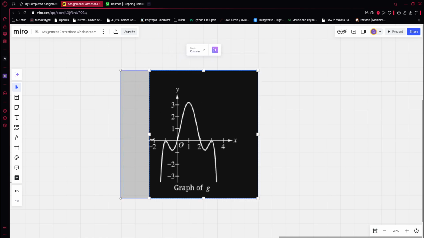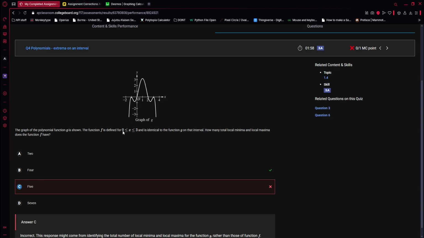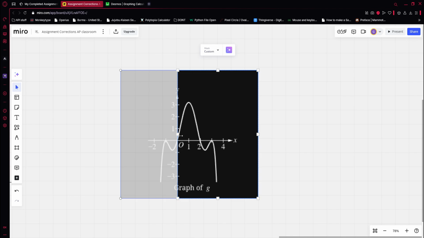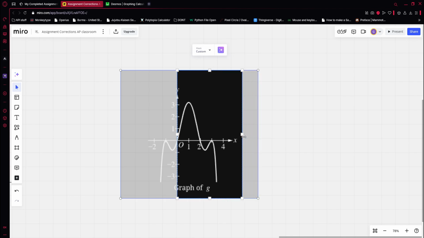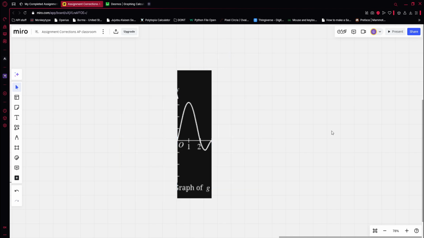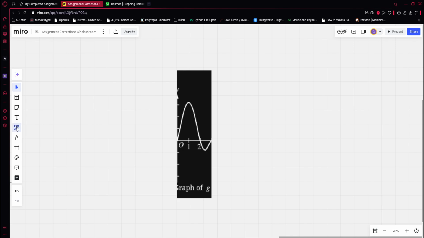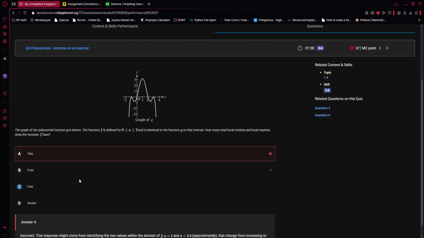And I'm going to crop this in the interval 0 to 3. This is all we care about. I don't care about anything else. Now, what you'll notice here is it says local minima and local maxima. So the easy solution is to go 1, 2, done to 2. Right there, right?